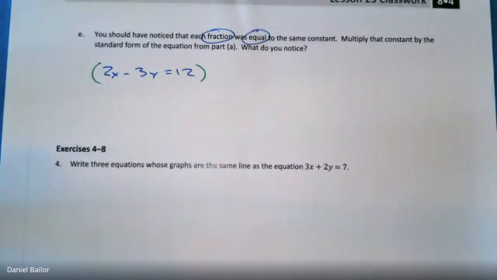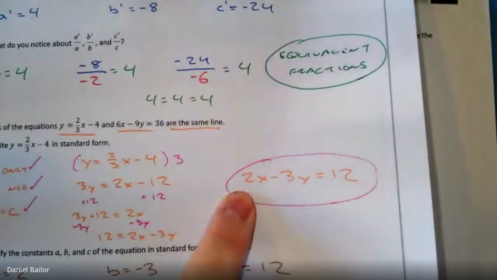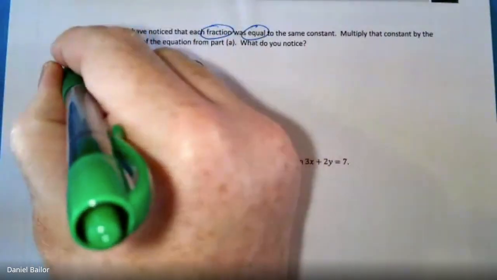This equals 12, and they want us to multiply that equation by the 3 that we found in part D. So we took the equation we made in part A, multiplied by the 3 we found in part D.